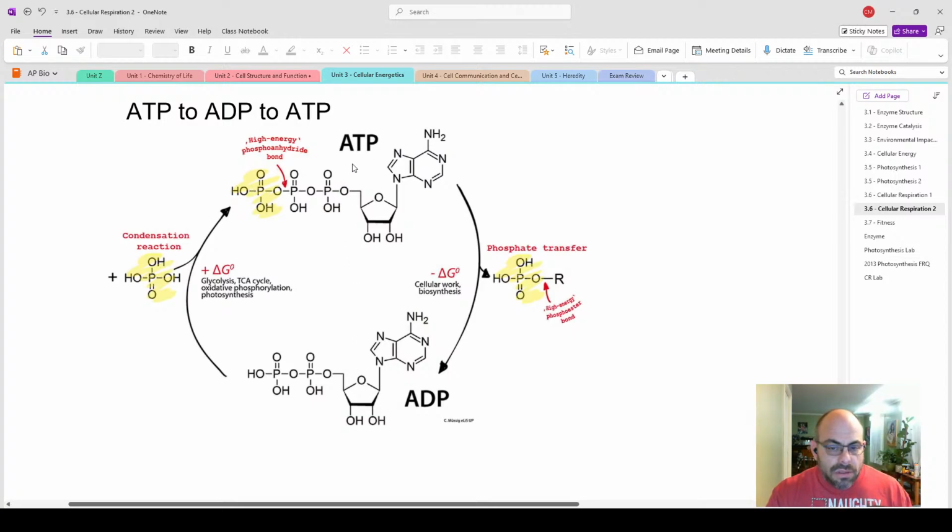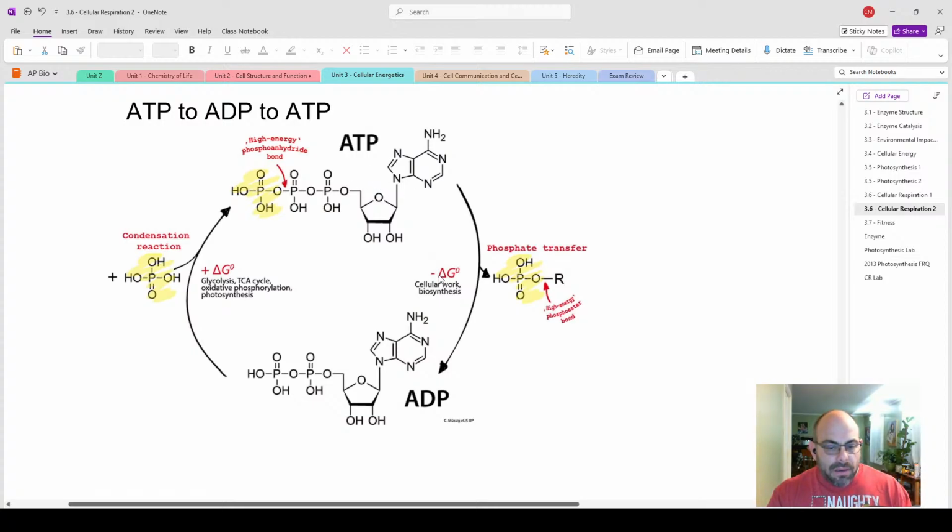ATP goes and phosphorylates something, turns on some sort of process, and there's less energy in the products than in the reactants. That's an exergonic reaction. So if it comes first, the energy of the first reaction will be used to power the second.